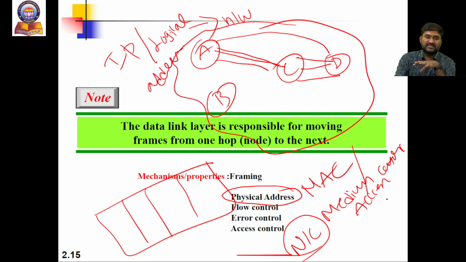When we change this NIC, automatically we change the physical address. So the physical address is constant. It doesn't change throughout the complete network. This physical address is added at the data link layer.